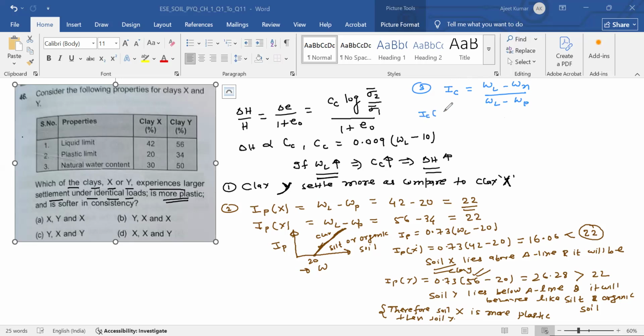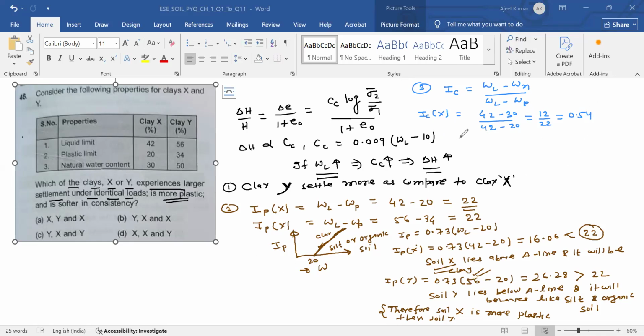So IC of X is (42 minus 30) divided by (42 minus 20). 42 minus 30 is 12, and 12 divided by 22 is 0.54.